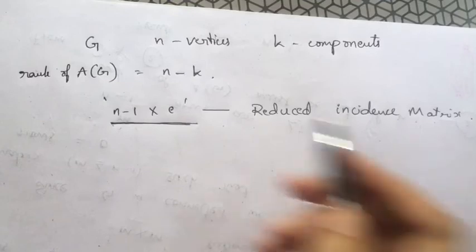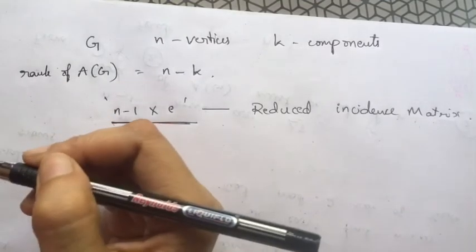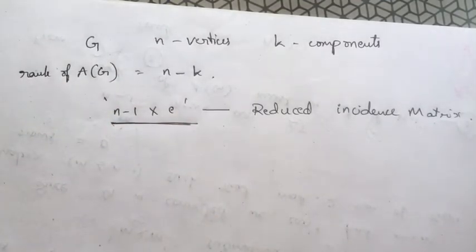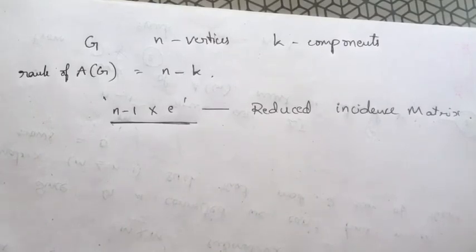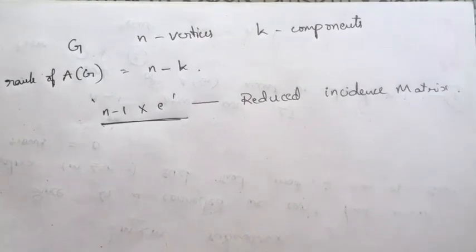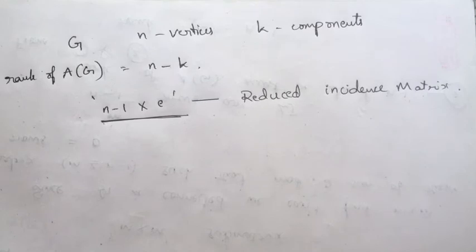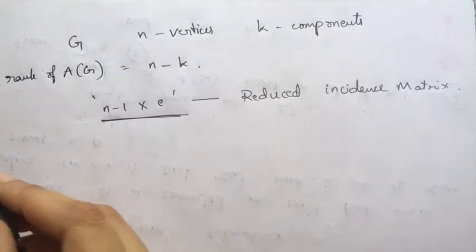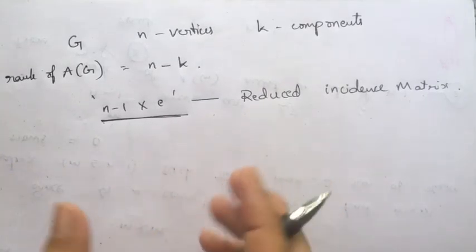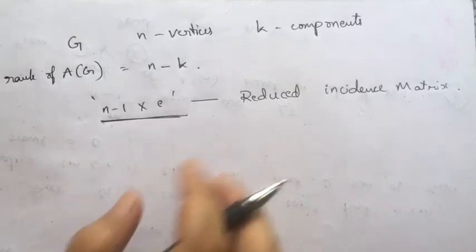And one more point: if I have a square matrix in which all the rows are linearly independent, then we call such a matrix a non-singular matrix. So the reduced incidence matrix of a tree is non-singular.